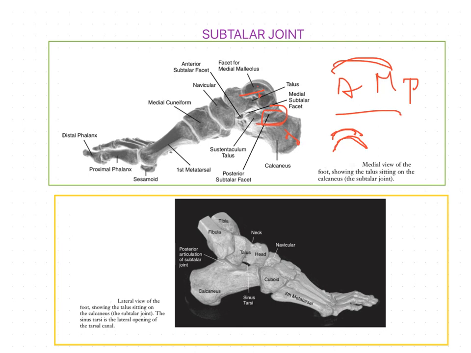In the posterior articulation, the talus has a concave facet and the calcaneum has a convex articulating surface, whereas on the anterior and medial side, the talus has convex facets and the calcaneum has concave facets.